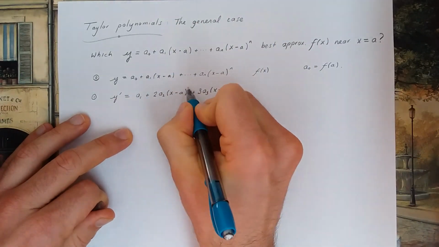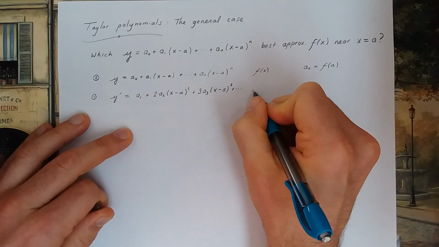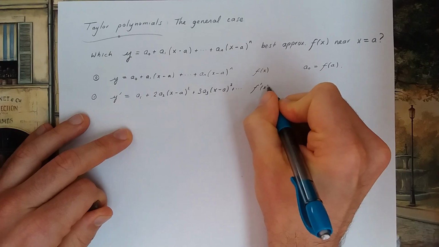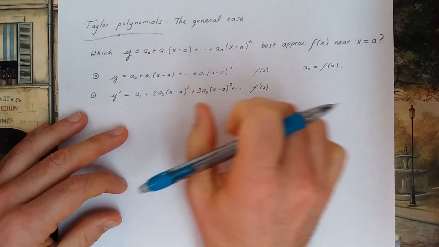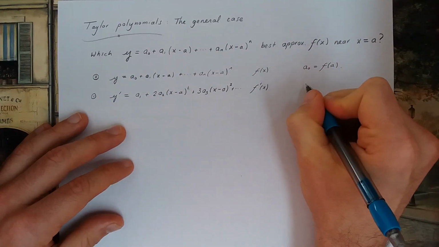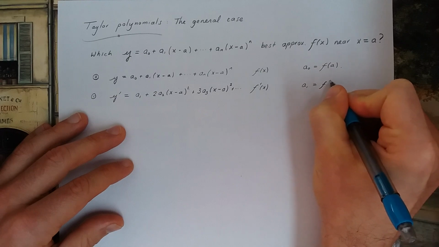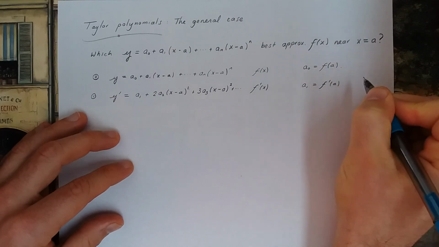I took the derivative. 3a3 (x minus a) squared, and so on. Then I take a derivative of my function, f prime of x. These two functions should match if I plug in a. So that says that a1 is f prime at a.